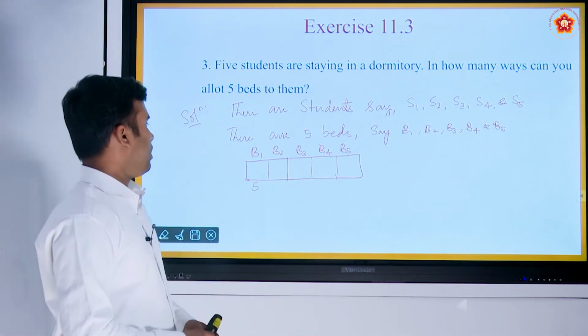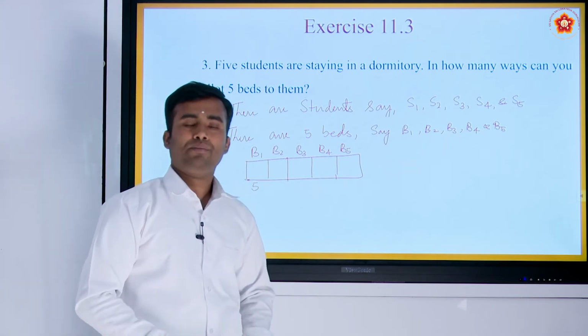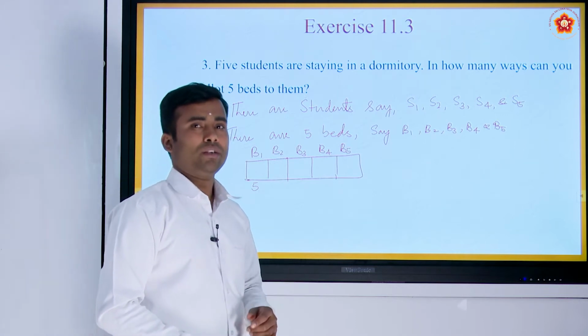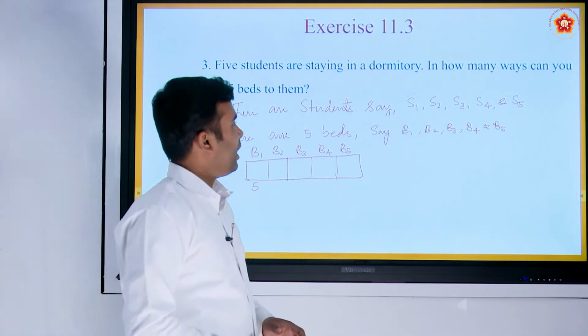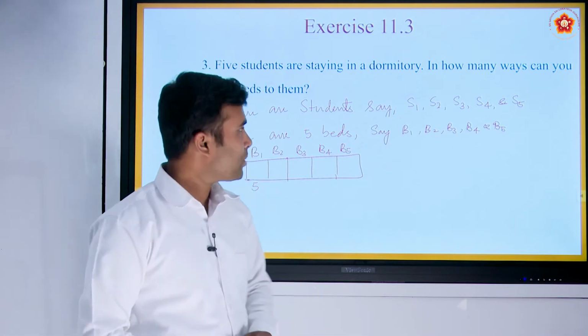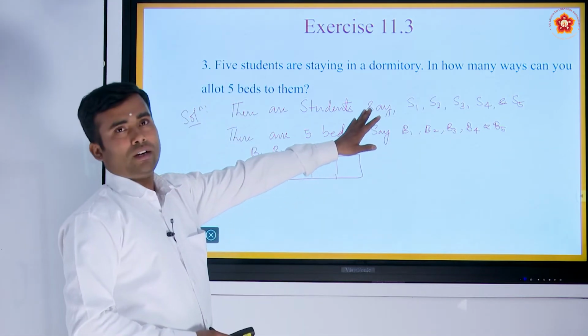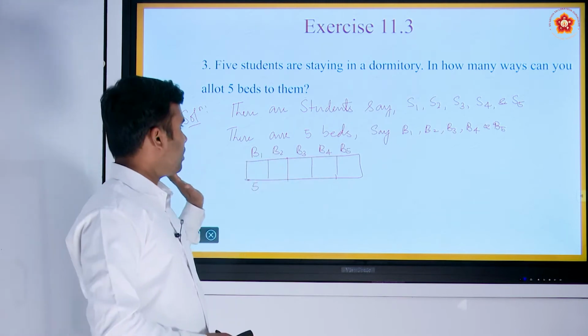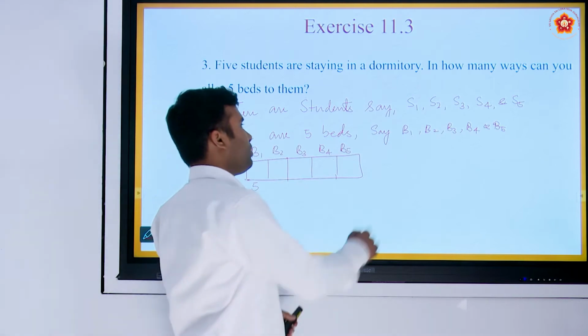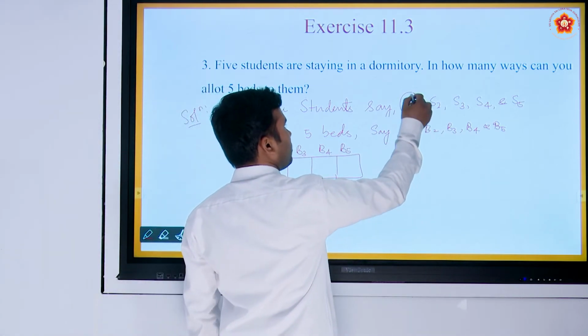Now come to the second bed. Already you have allotted one bed to a particular student, so now one student got a bed. Now the remaining students are 4. Say, for example, I accommodated this student in the first bed.